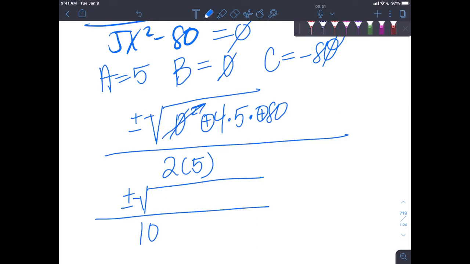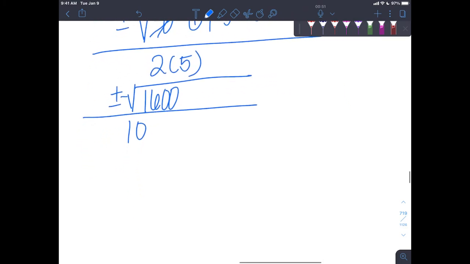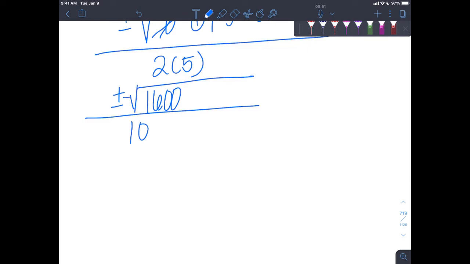Okay, this is gone. And here we have 4 times 5, which is 20, times 10, which is 200, times 8, which is 1600. Okay, so this is actually one we can solve by hand without the calculator. So let's do that.